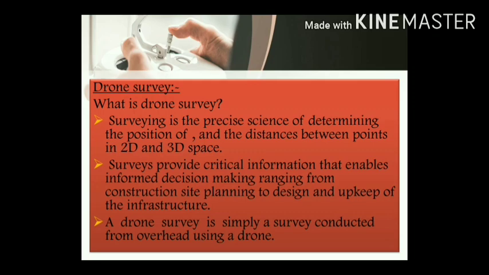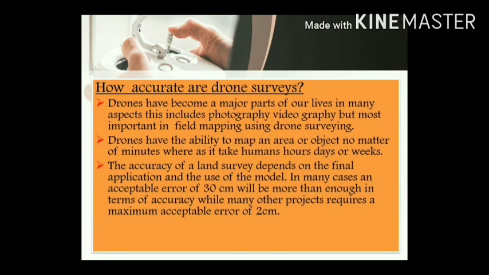Now we study the accuracy of drone survey. Drone surveys have become a major part of our lives in many aspects. This includes photography and videos, but most important is the field of mapping using drone surveying. Drones have the ability to map an area or object in a matter of minutes, whereas it takes humans hours, days or weeks.